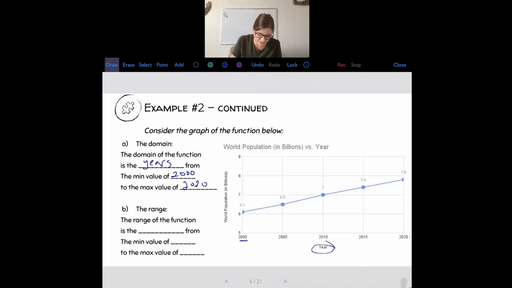The range of the function is the world population. So our y values from the minimum value, 6.1 billion, to the max value of 7.8 billion. So that's an example of how domain and range is related to independent and dependent variables.